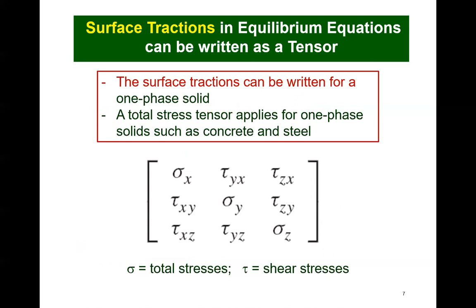This is the starting point from which a science can be developed for a one-phase solid. The source of this stress tensor comes from the equilibrium consideration of the one-phase solid material. The tensor is known as the stress state at a point in the continuum.